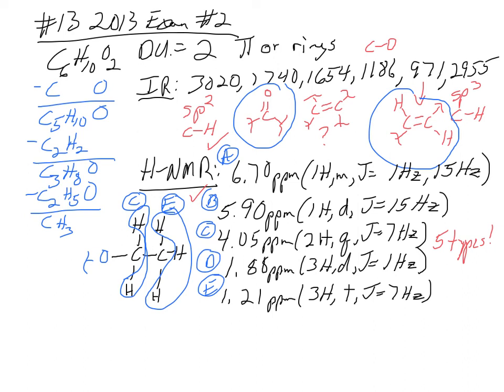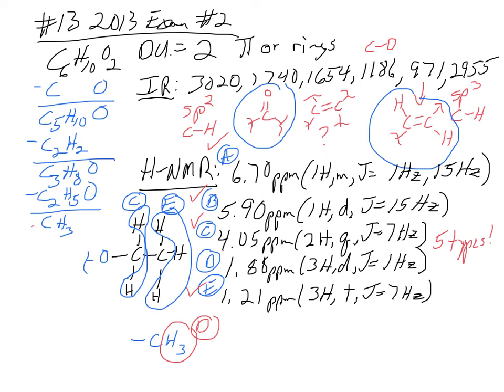So I've checked off C and E, and now D is 3 H's and it's a doublet, and all I have left is 3 H's. So I must have a CH3 piece, right? And this must be D. Now, D's at 1.88, right?